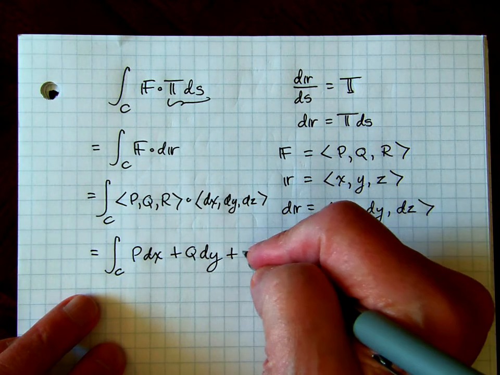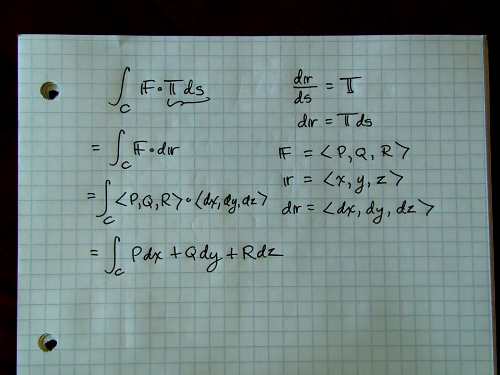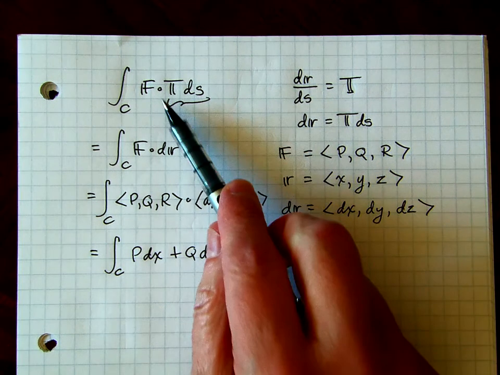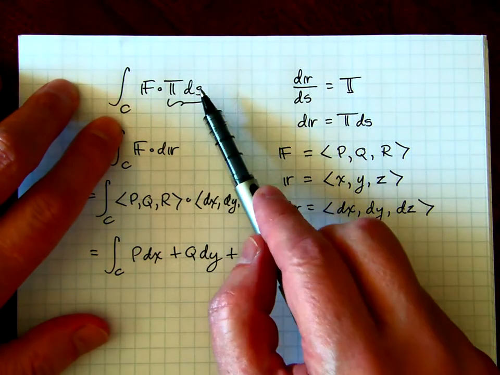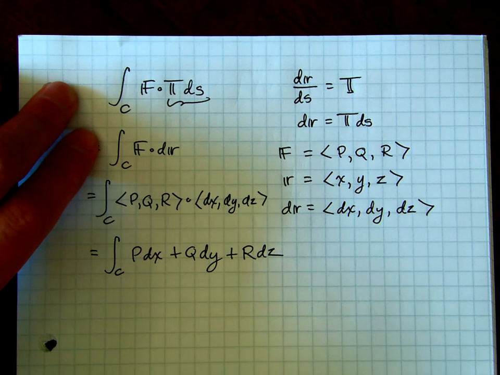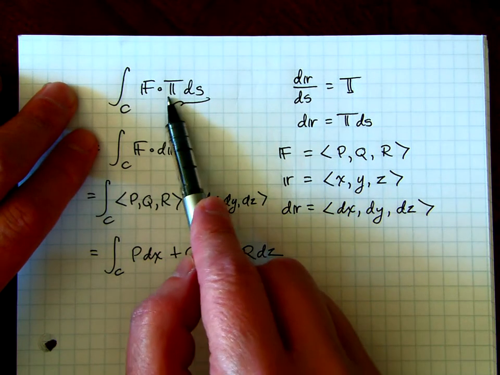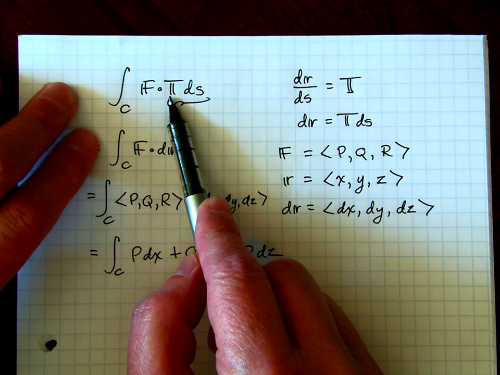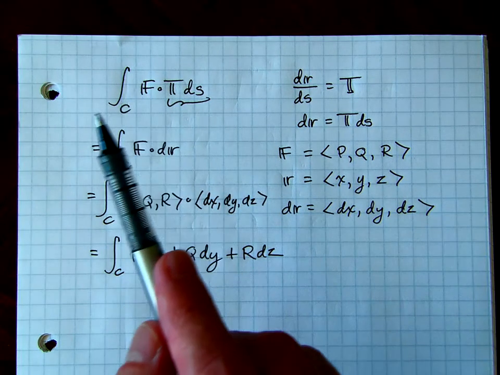Write it out. And now we have the traditional notation for line integrals. This notation goes way back, and you need to be able to recognize that. If I go back to this original statement, here we have a line integral with respect to arc length, and for some reason we're integrating F dot T. Well, if this is a force field, and you're dotting it with the unit tangent in the direction of travel, you are finding the component that's doing work.